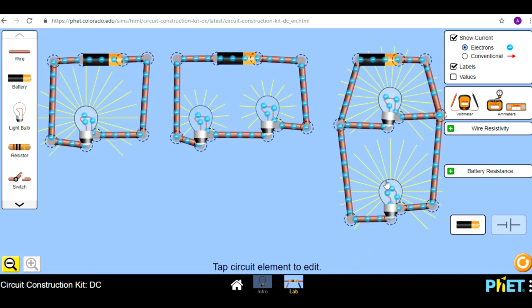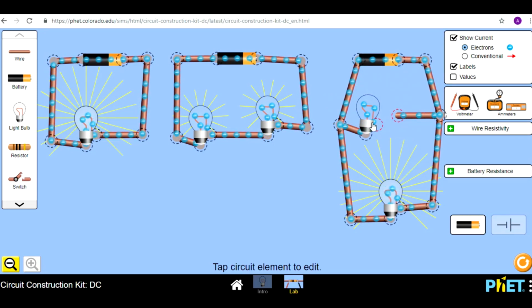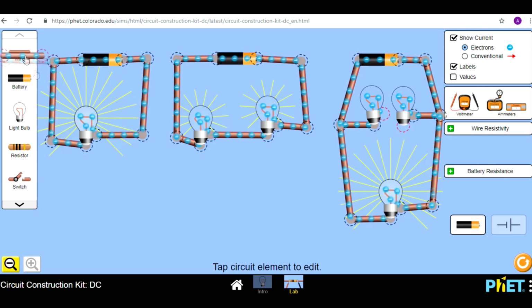Now, the other thing I want to show you is what would happen if we had 2 bulbs across one of these pathways instead of one. So let's make a cut over here. Let's get another bulb, another piece of wire, like that.